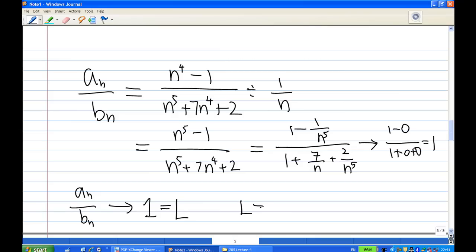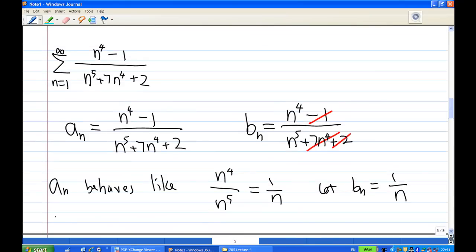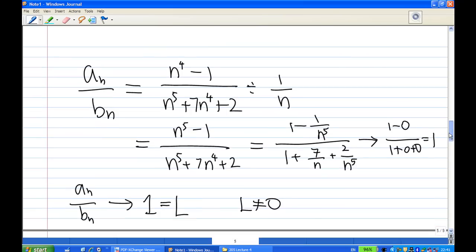I know that L is not equal to 0. And we also know that an and bn both have positive terms. First, I should write this down: an and bn are both positive. We need this in order to apply the limit comparison test. So I take the ratio, I find that an over bn approaches 1, and 1 certainly is not equal to 0.